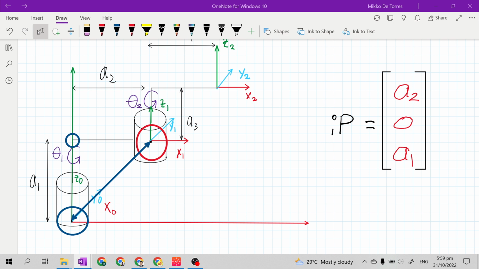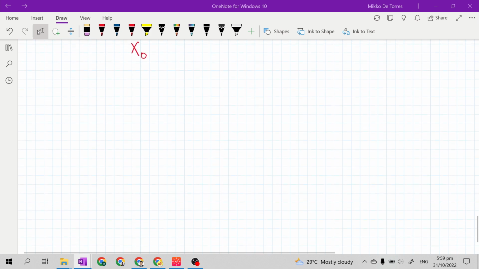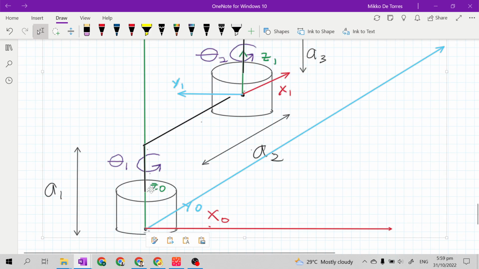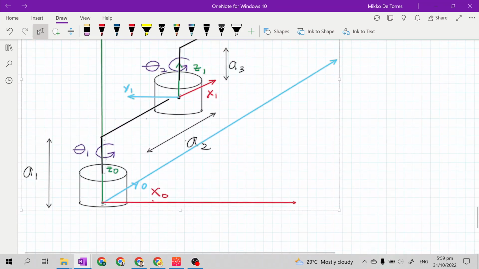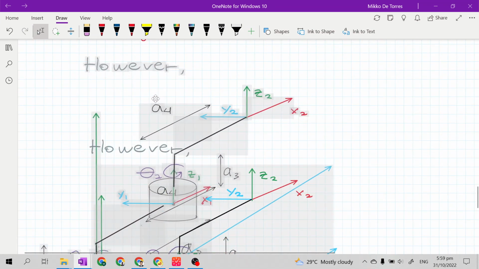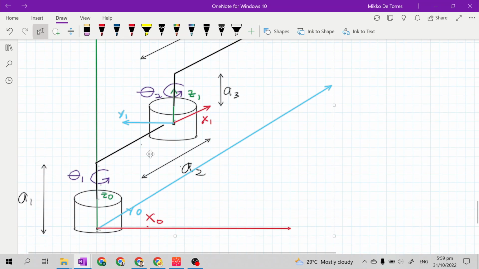If theta 1 has a value, our mechanical manipulator will move. And because it will move, our frames will change direction. What will happen to our mechanical manipulator will look like this.